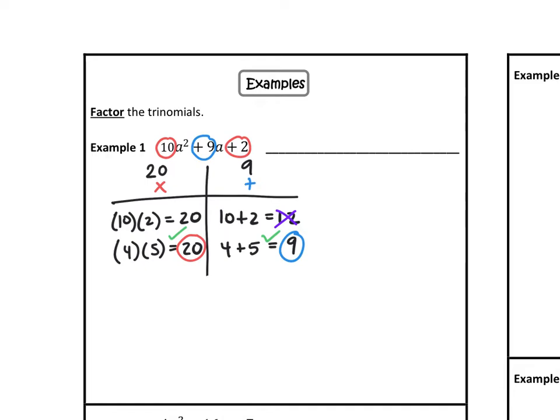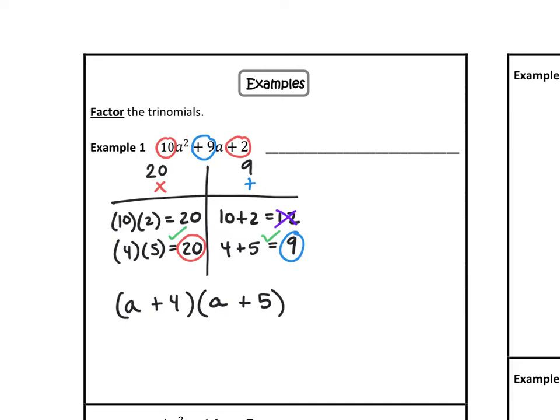Now this is where it gets a little bit different, because the number in the very front is not a 1. We're going to set it up like we would last class, with two parentheses. The variable is a, so I put a and a, and the combination of numbers that worked was positive 4 and positive 5.